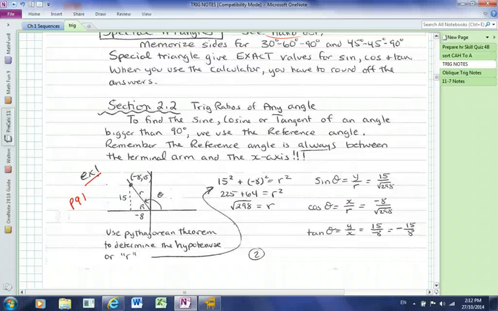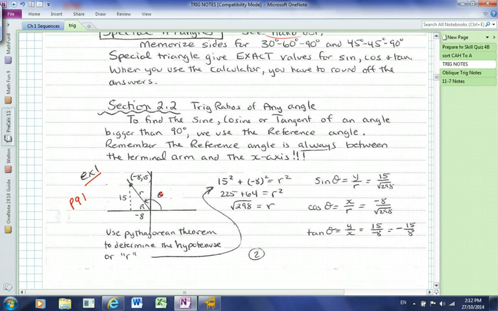Page 91. I don't think I wrote the example down. Okay. So there's a standard position angle.